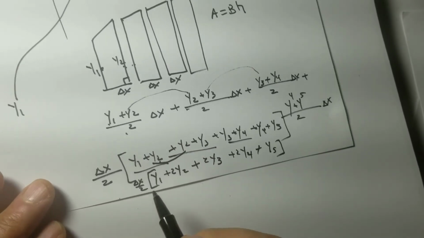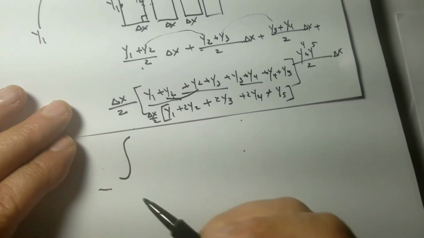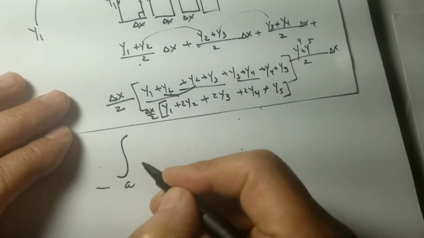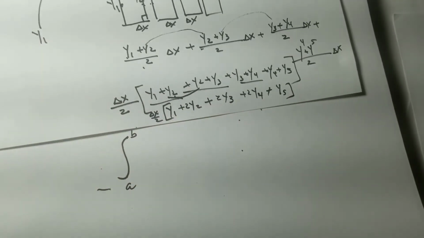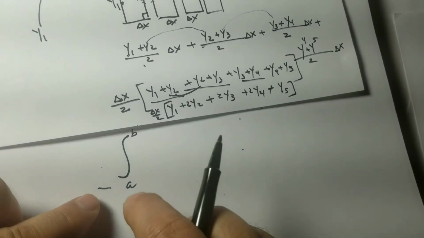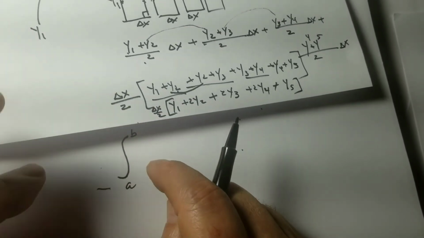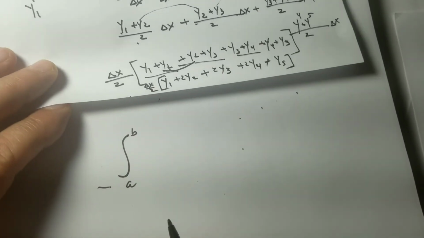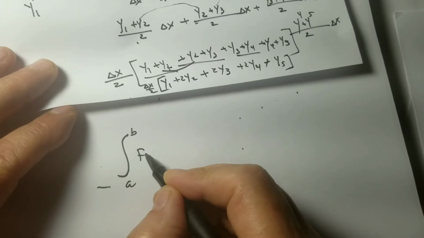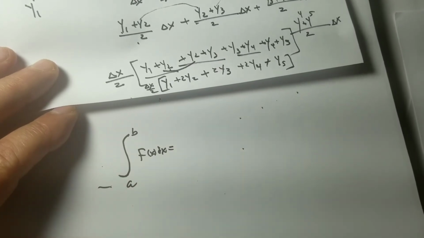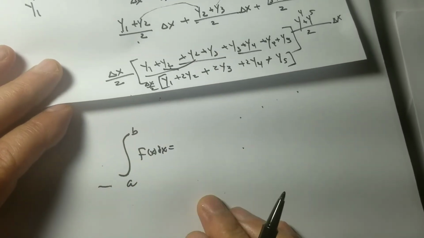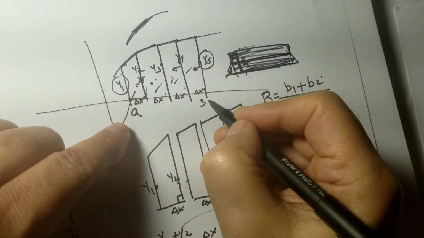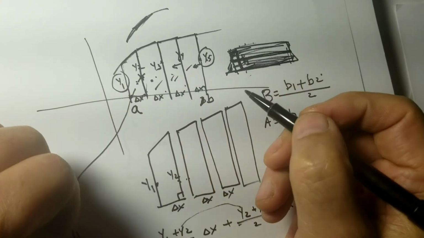This is called a definite integral from A to B. As long as any number between A to B is part of the domain of your function, of some function of x dx, and that is equal to, okay, this is your starting point, this is your ending point.